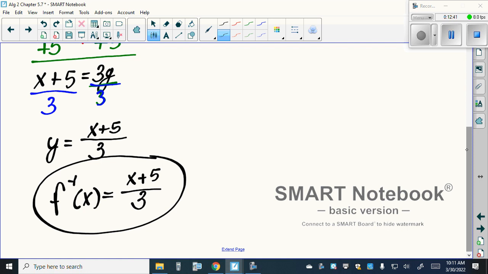Now the next part asks us to find the input when the output is negative 11. Graphically, as we were looking at the last one, our input and output, we're saying that f of x took some value of x that we plugged into the function and gives us negative 11 out, yes?